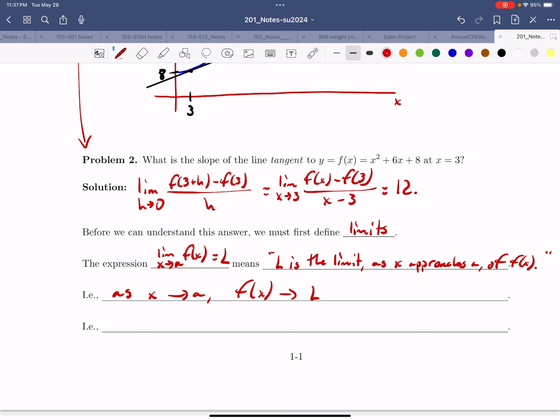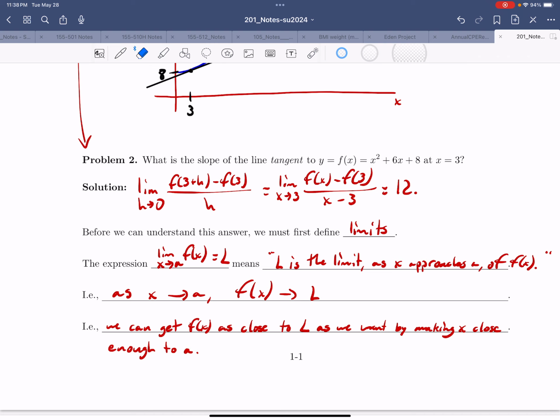But really a better definition would be to say we can get f of x as close to L as we want by making x close enough to a, and I'll just say without equaling a, right?